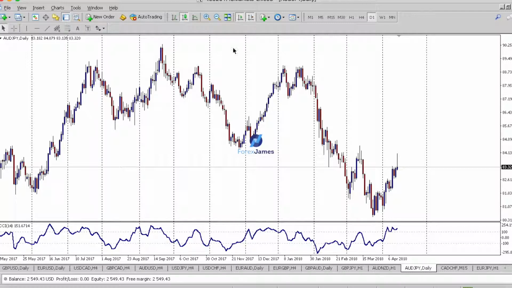Aussie yen. I see price going to the upside still. Usually before price reverses to the downside, in this example, it takes, you see, like 3 candles. So it might make another push up before finally reacting to this trend line.